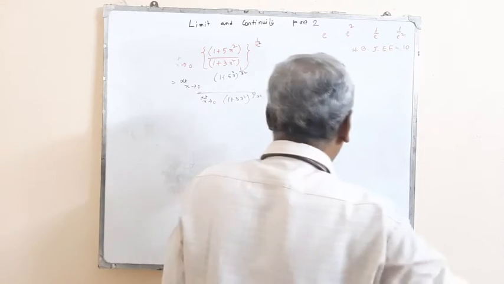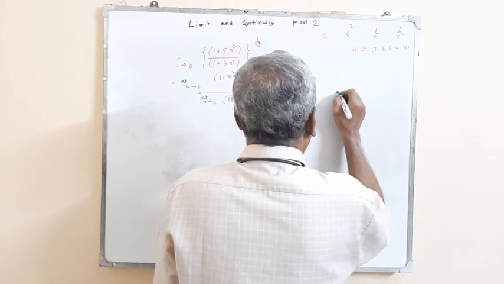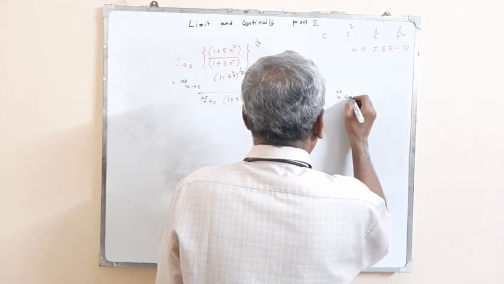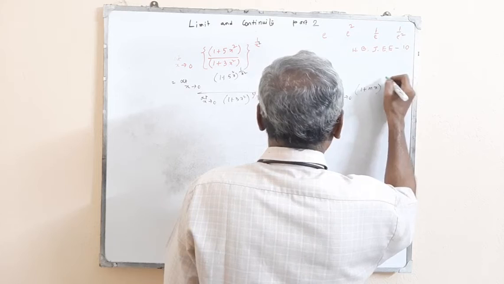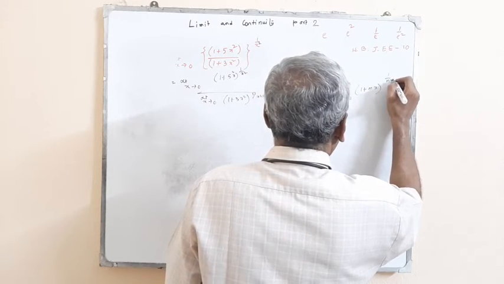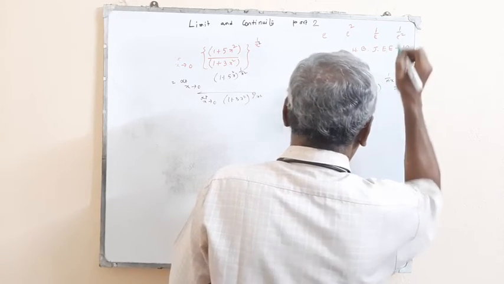Now, we have one formula like that: limit x tending to 0, (1 plus mx) whole to the power 1 by mx is equal to e.